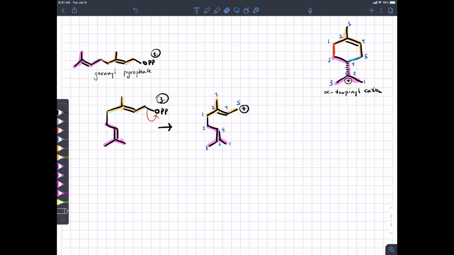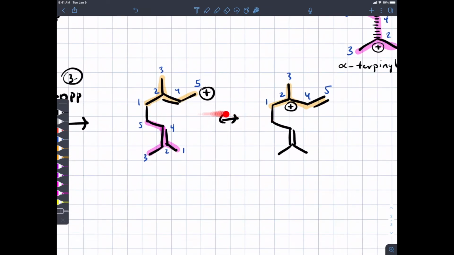Well, can we solve that? And one thing you might be thinking is, well, what about the resonance structure in which the double bond is here and the positive charge is there? Can I then rotate around the bond between orange 2 and 4? And the answer is not as much as you think you can, because remember, resonance structures are not two different things.